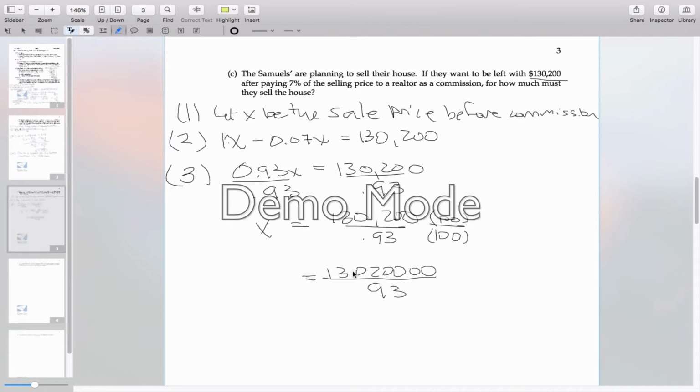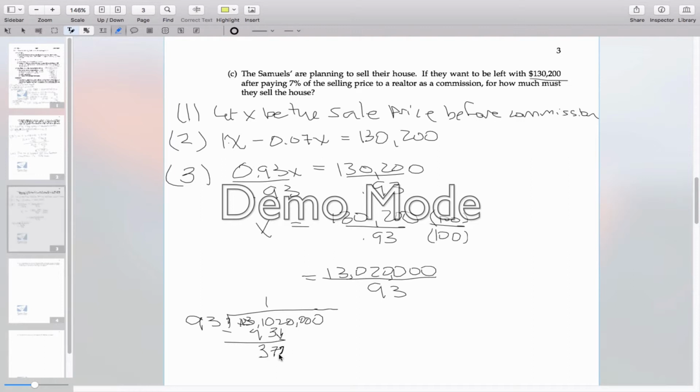So I get 13,020,000 divided by 93. 93 is my divisor, 13,020,000 is my dividend, and I can make one group of 93 with 130 things. 12 minus 9 is 3, so I have 37.